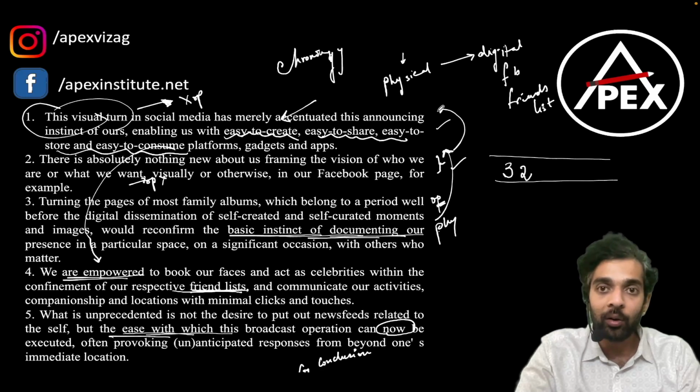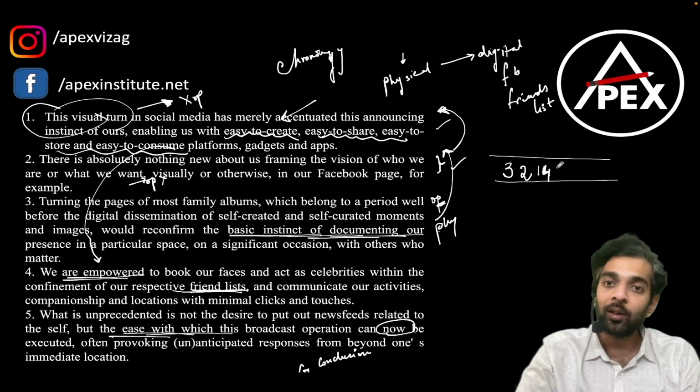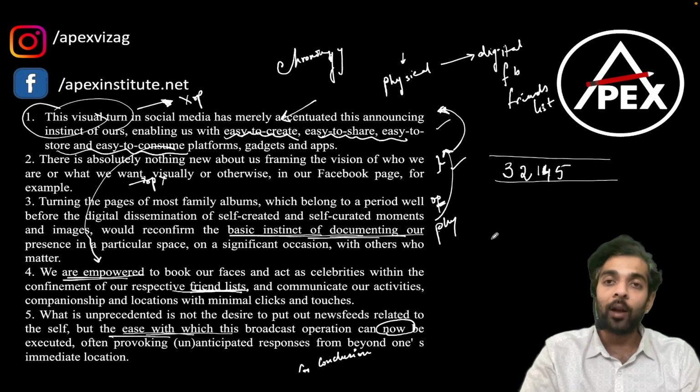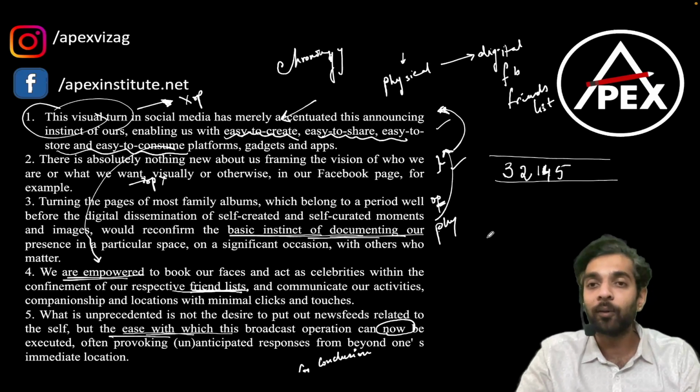And then 1. Because for me, 1 and 4 are a pair. 1 is giving us all the empowerment methods and 4 is telling that we are now empowered. And obviously 5 is my conclusion statement. So the right answer will be 3, 2, 1, 4 and 5.